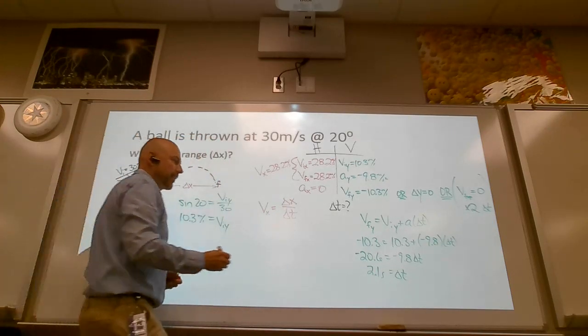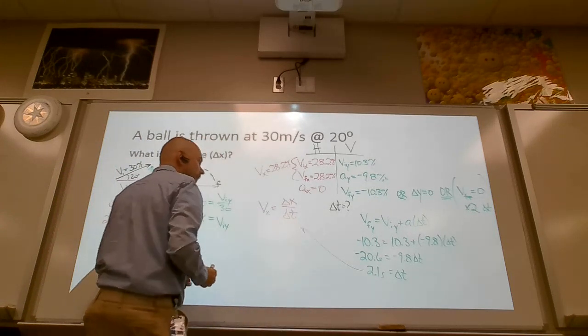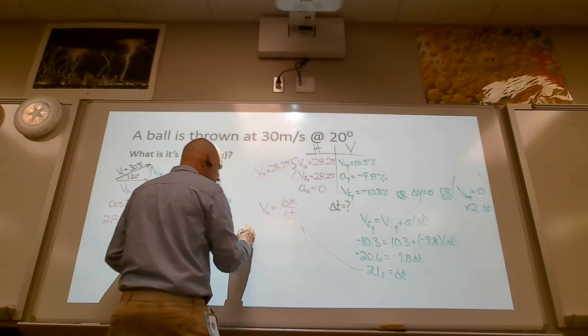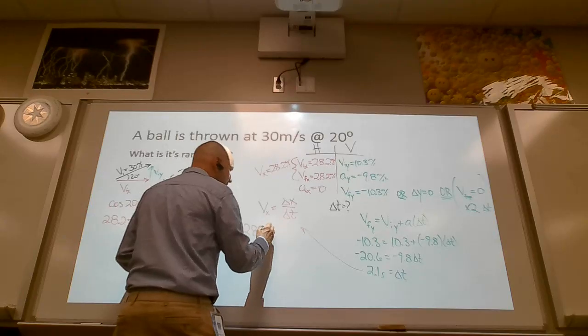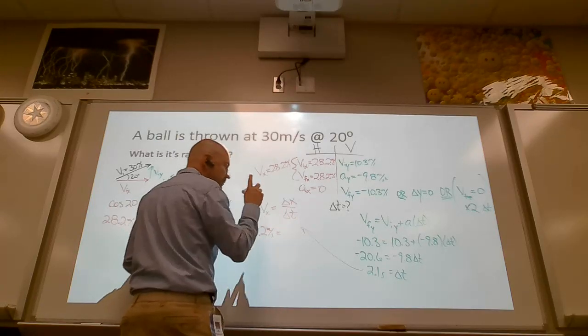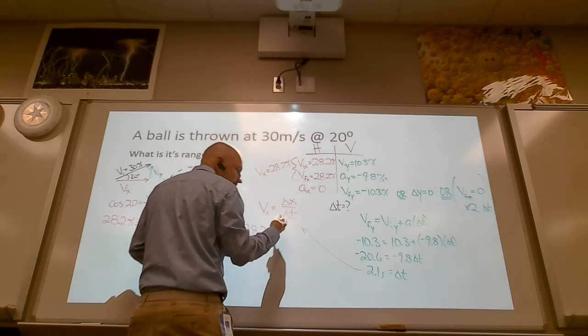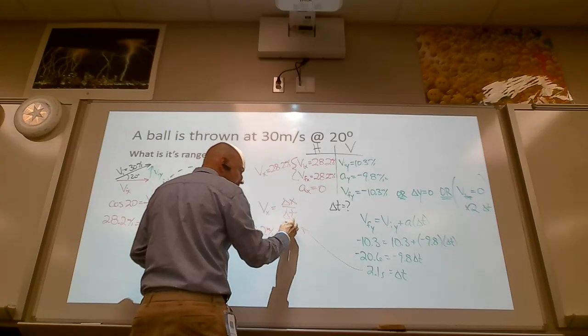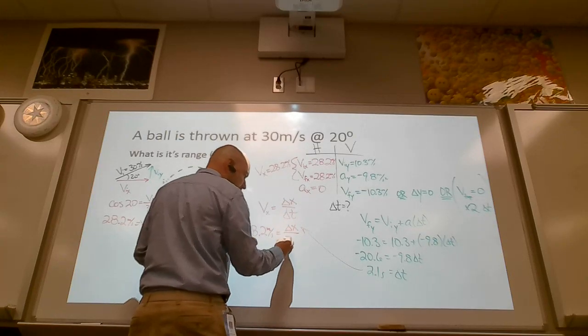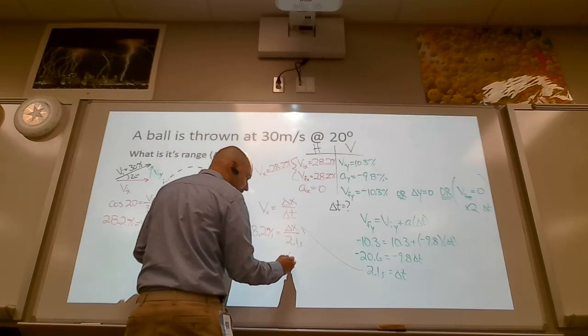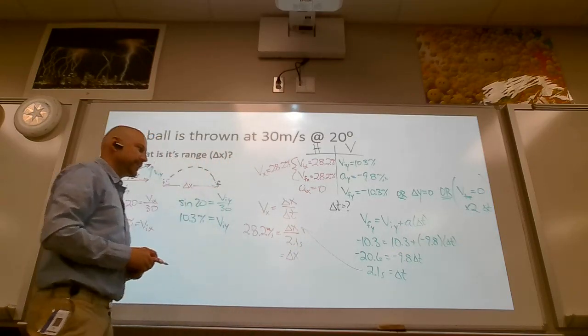So you can use that. You could use a kinematic equation, it's totally fine. Personally, this is the most efficient way. And you find that to be somewhere around 60.